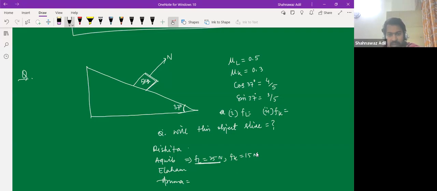Yes, Rishita, Alana, what about you guys? So I got 20 for FL. Okay, so Rishita got FL equal to 20.